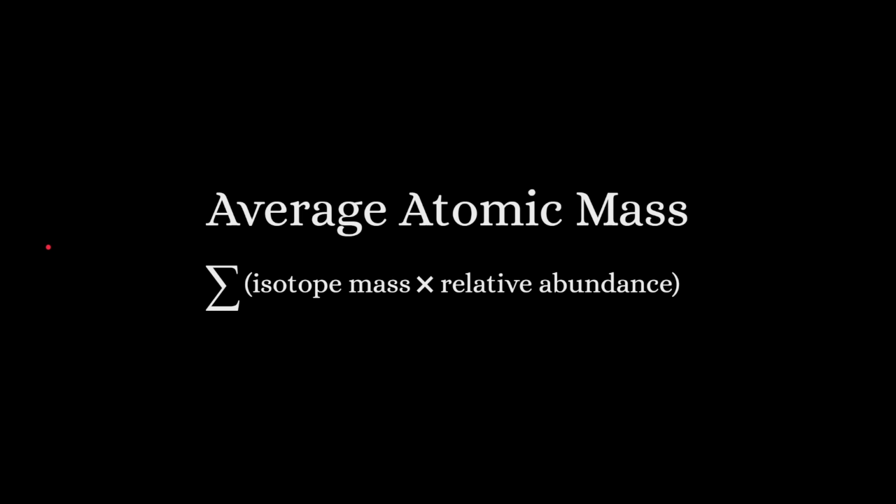Then to find your average atomic mass, you take the sum of all the isotope masses times their relative abundance. Pretty simple, but I do recommend, of course, doing practice problems to find average atomic masses and whatnot.